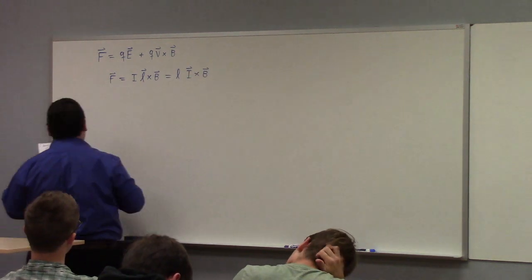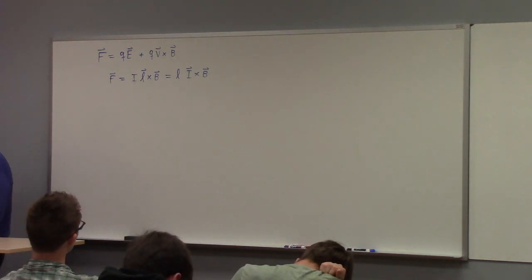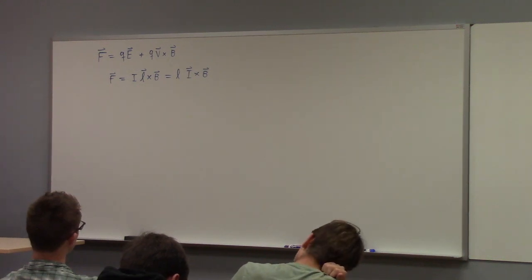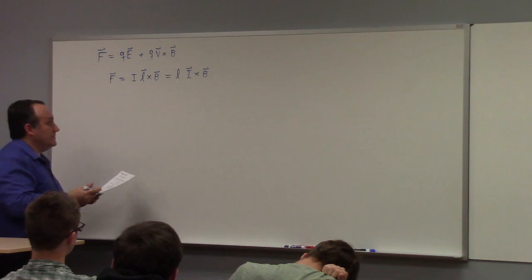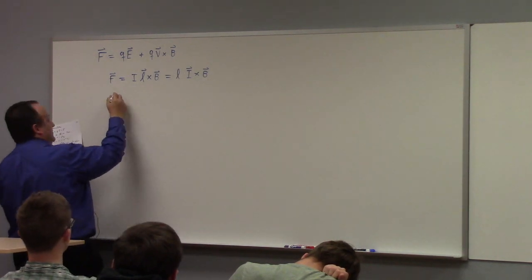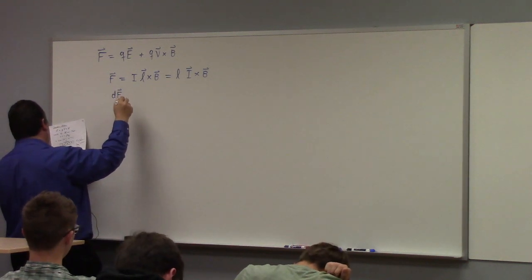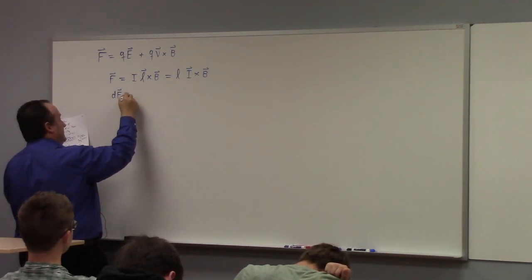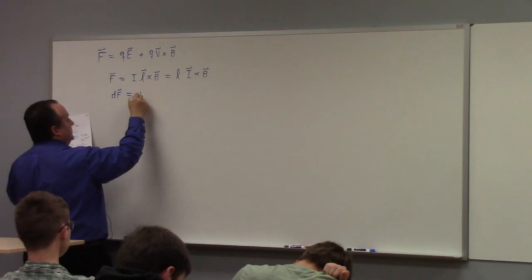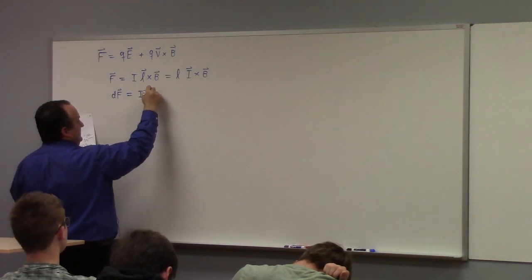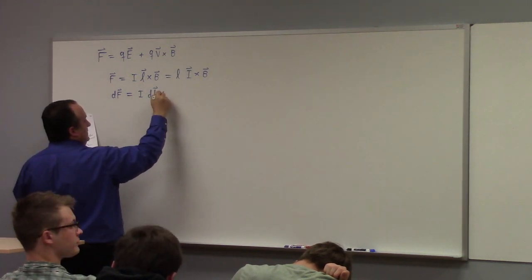So this is the force that a magnetic field places on a current. And then I also talked about if you wanted to go infinitesimal, you could say the little bit of force, dF, that you get from a little bit of current flowing along a little dl, you could do I dl vector cross B.